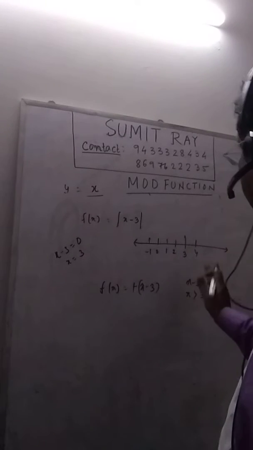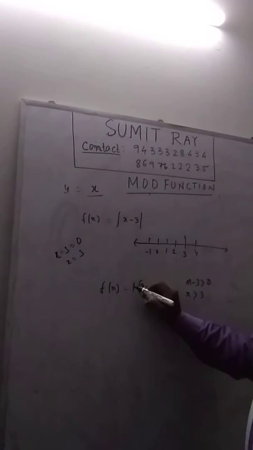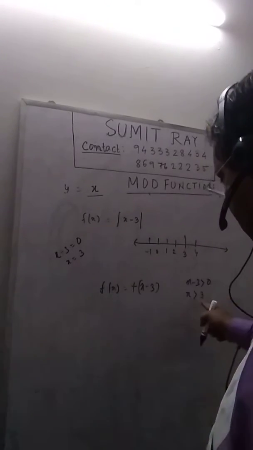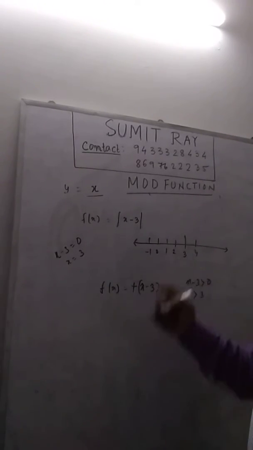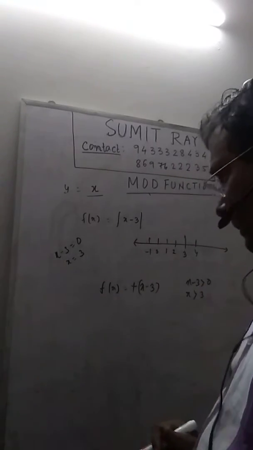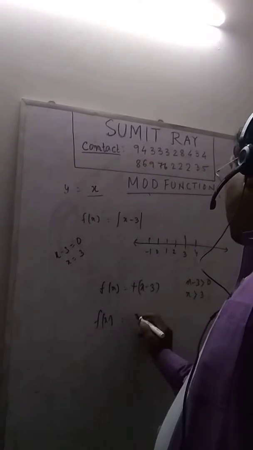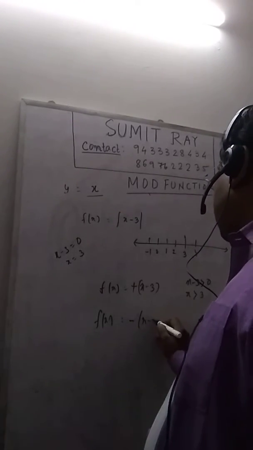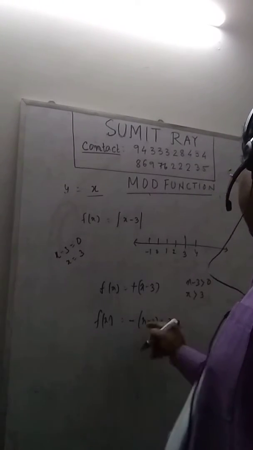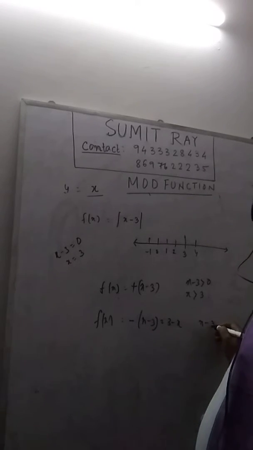So if the value of x is more than 3, I can easily write f of x is equal to plus x minus 3. Put any value of x more than 3 and you will always get f of x positive. Similarly, f of x is equal to minus of x minus 3, and that is obviously 3 minus x, if x minus 3 is negative.